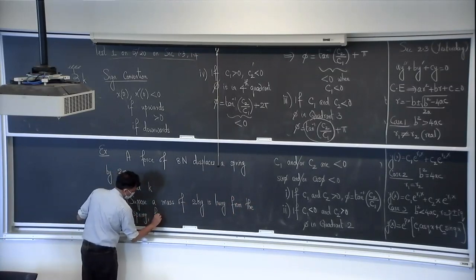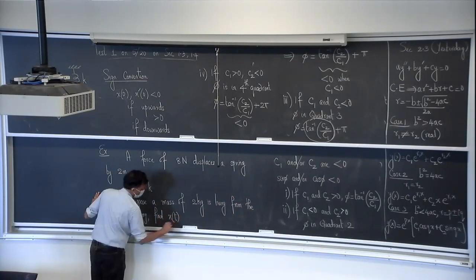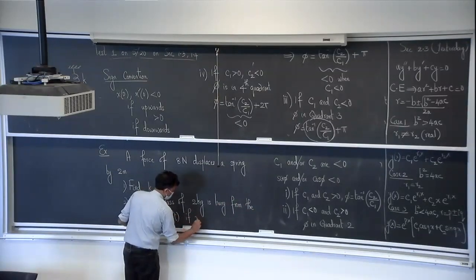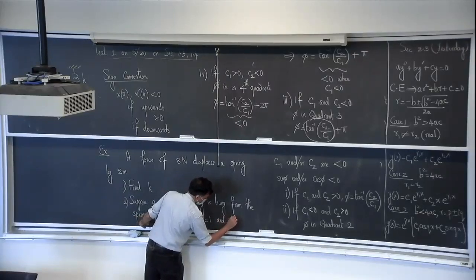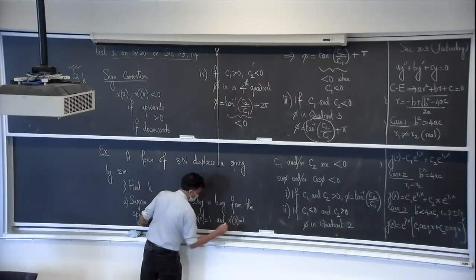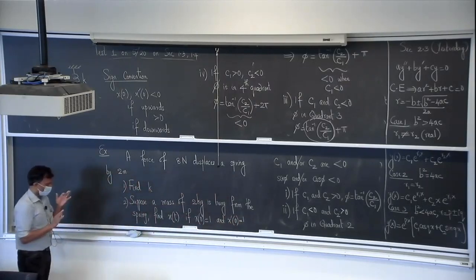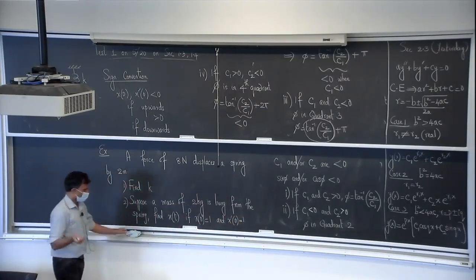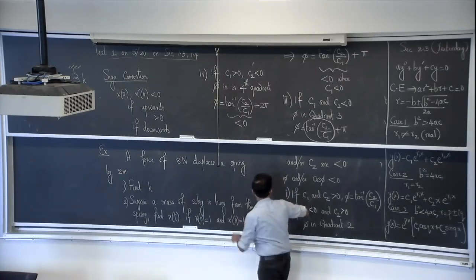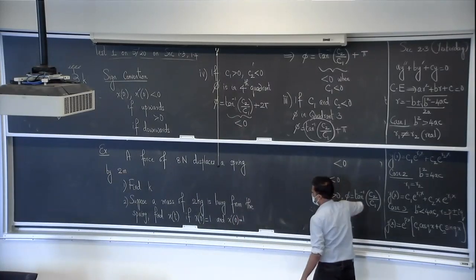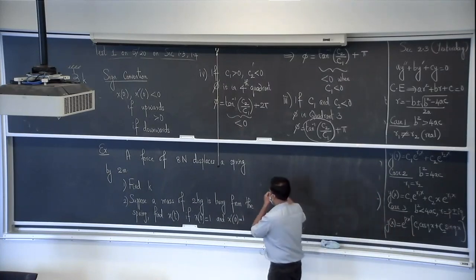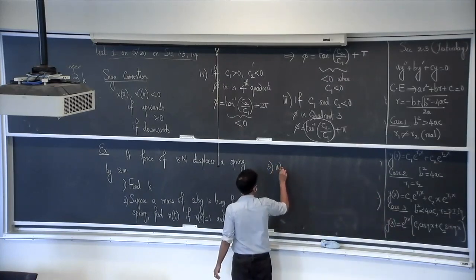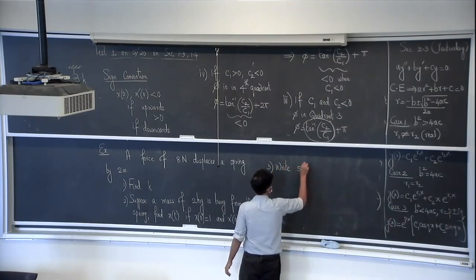Find the displacement x of t if x of 0 equal to 1 and x prime of 0 equal to 1. Okay, so let's start with very simple things. Let's keep both of them as positive, and then we will start playing around with it. So that's initial displacement and initial velocity, both of which are applied down, okay, towards gravity. And question 3, write the solution in the amplitude phase form.